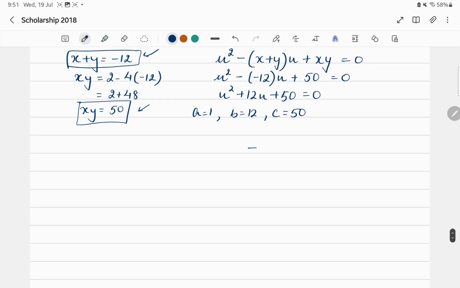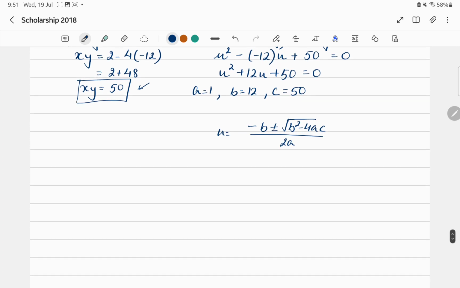So I'll use the formula minus b plus or minus the square root of b squared minus 4ac, over 2a, and we are finding the values of u, or the possible values of x and y. That equals minus 12 plus or minus the square root of 12 squared, which is 144, minus 4 times a, which is 1, times c, which is 50, over 2a, or just 2 because a is 1.